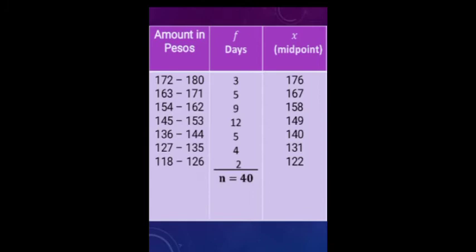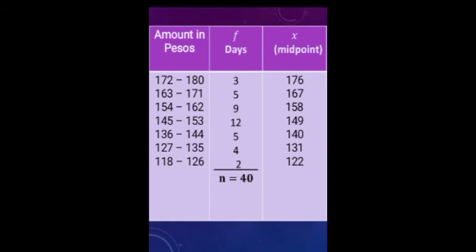Since that is odd, we know that in 9, the fifth term or the fifth number is the middle or its midpoint. So from 172, we will count 5, including 172. That is 172, 173, 174, 175, 176. So the midpoint or our x in the interval 172 to 180 is 176.